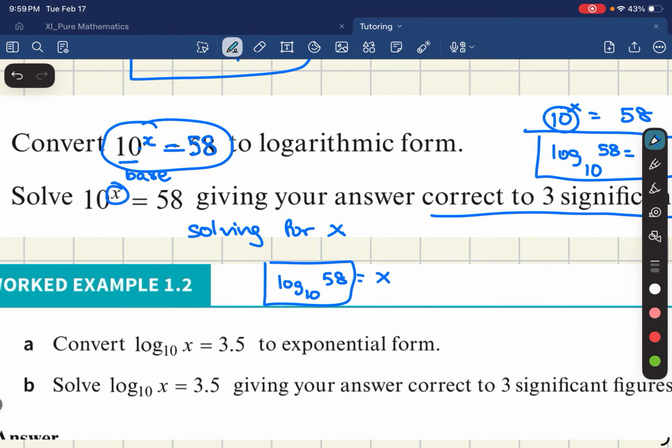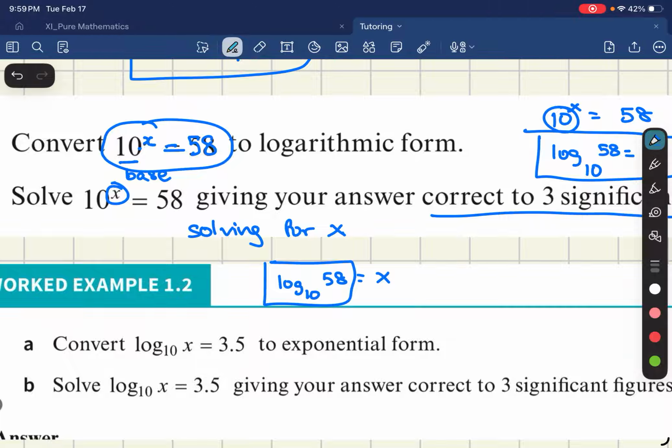And this is something that you can punch into your calculator. I am using my FX82.